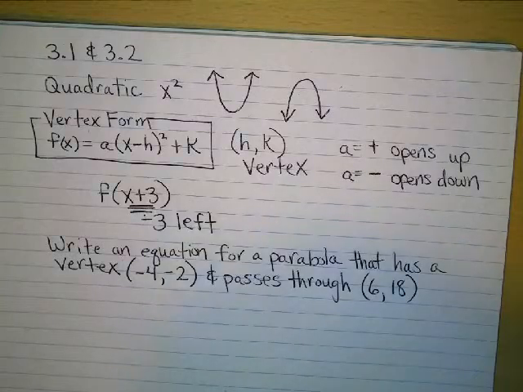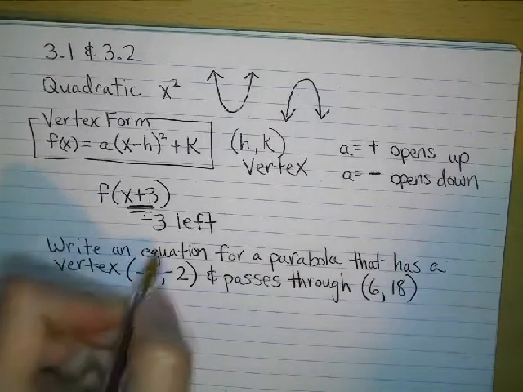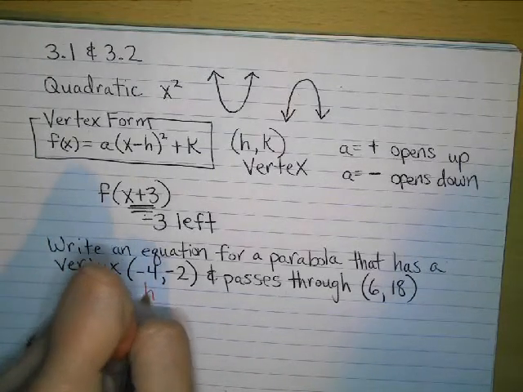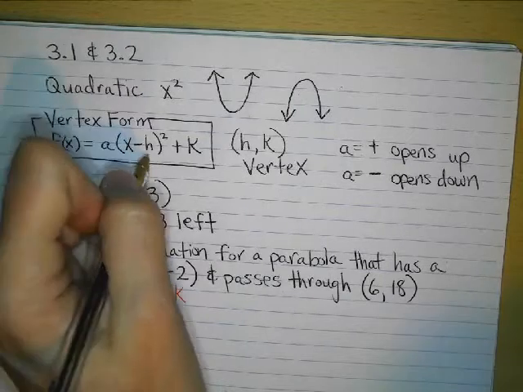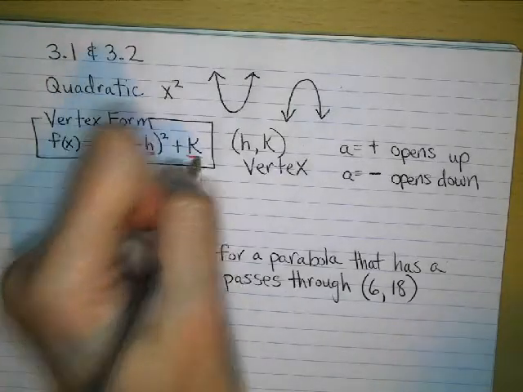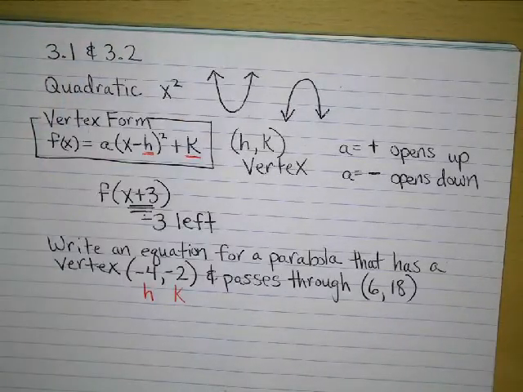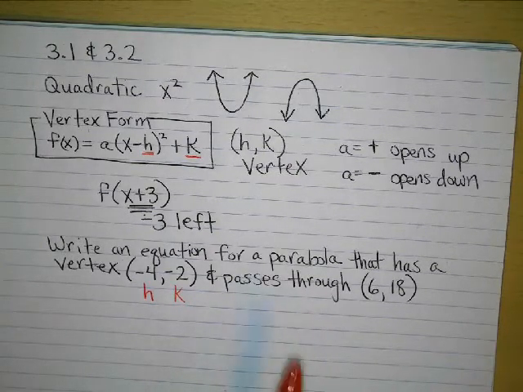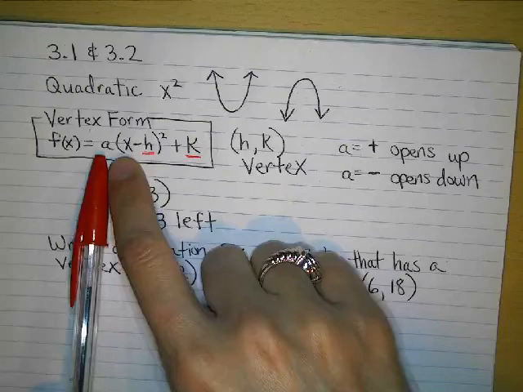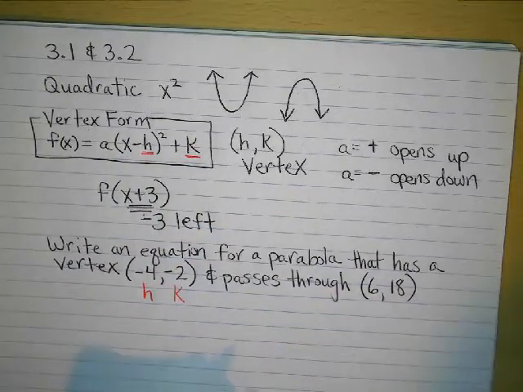Okay, so the vertex again, -4, -2, that's H and K. So those numbers will just go up here in the formula for H and K. Now they gave you another point. They didn't tell you what A equals, but they gave you another point.